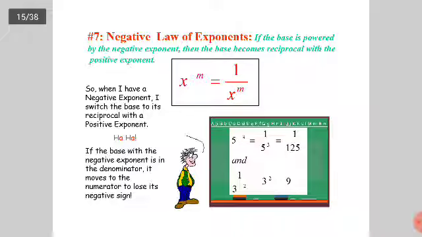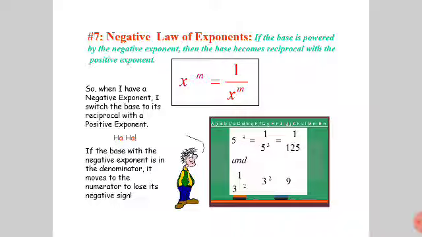Next one, negative law of exponents. Negative law of exponents converts to the positive law of exponents. If the base is powered by a negative exponent, then the base becomes a reciprocal with the positive exponent.